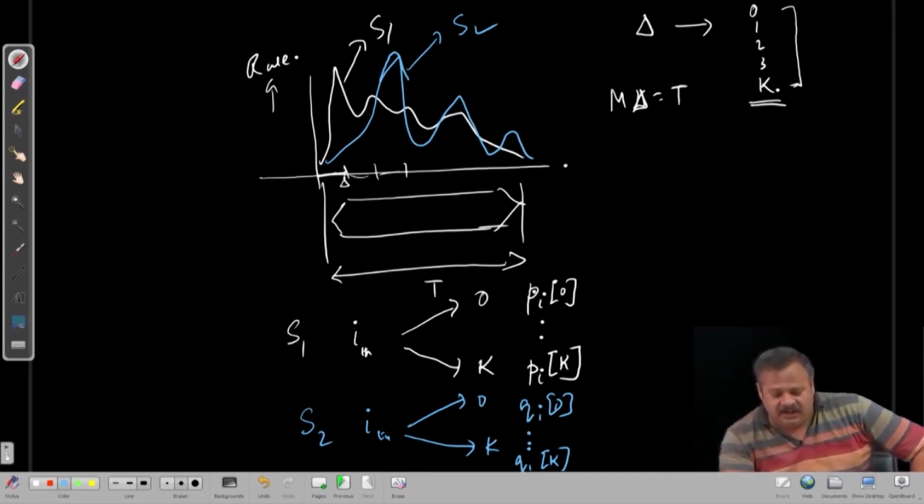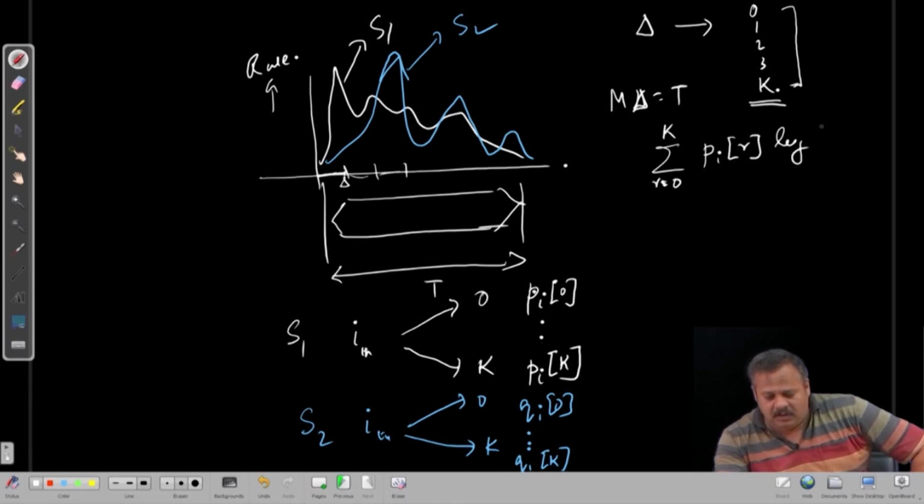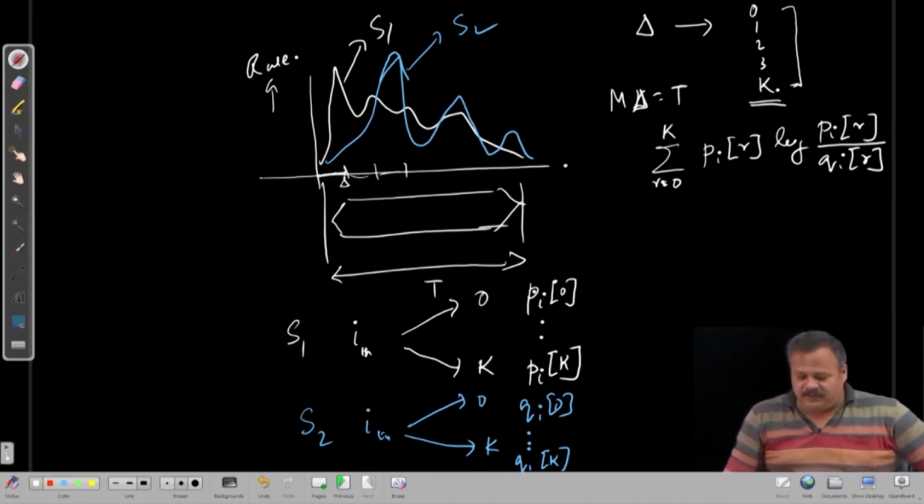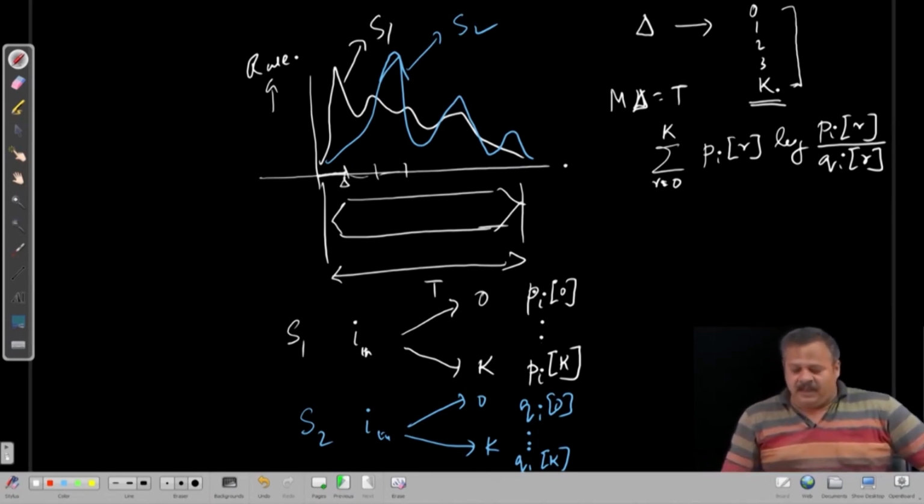Now, in the ith bin the KL distance is going to be, with our response going from 0 to capital K, the sum over response of P ith bin of response times log of P ith bin of response over Qi of response.